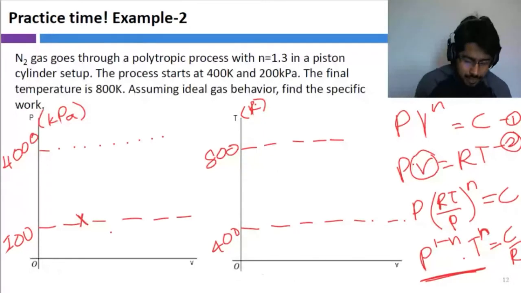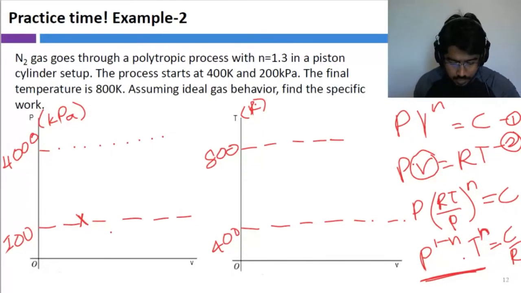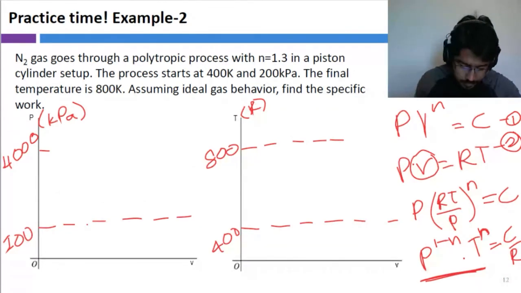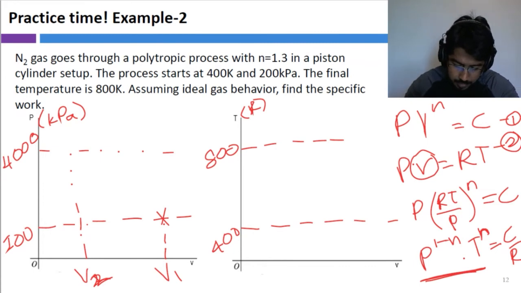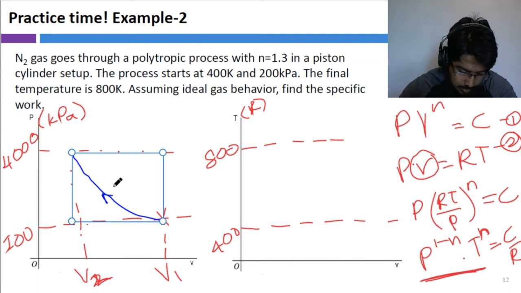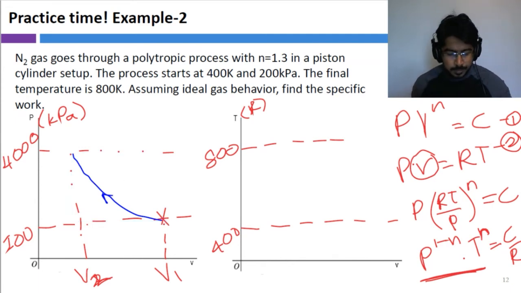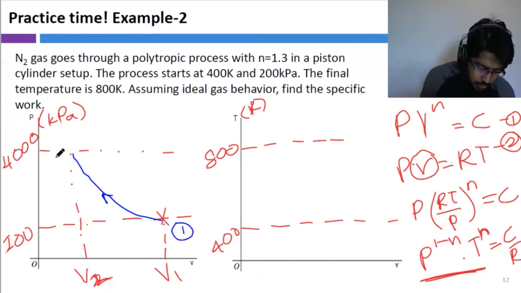So now we go up here. So this one. And this is V1. And this is going to be V2. Then our process is going to be this, from 1 to 2.